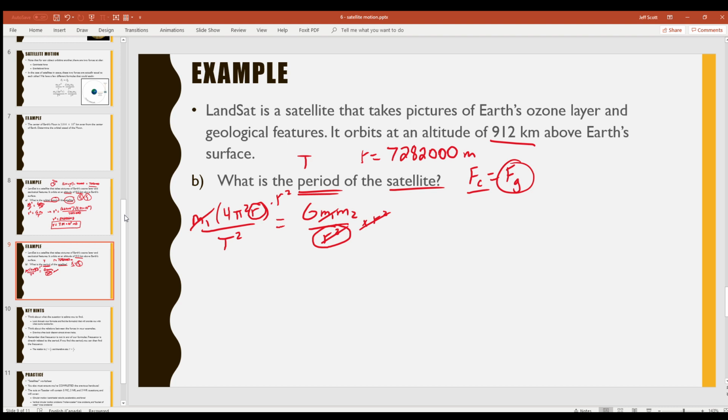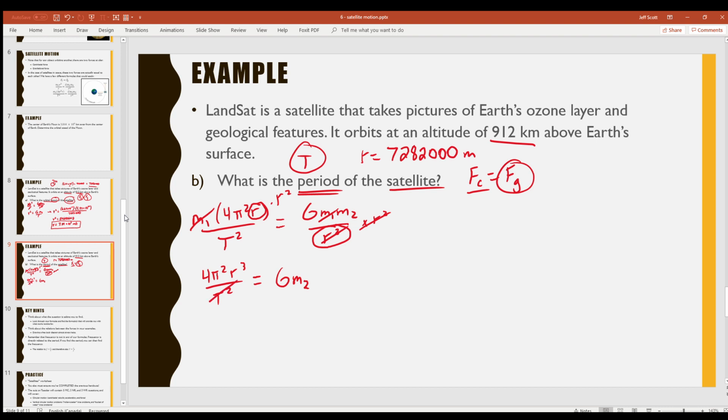So again, how this is going to end up looking, I should say, is going to be 4 pi squared r cubed over t squared equals G m2. And then since we're looking for t, it might be a good idea to get that t squared all by itself. And to do that, we just need to times both sides by t squared.